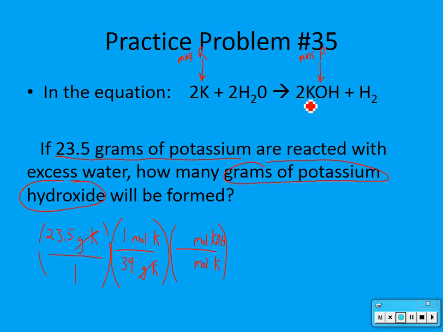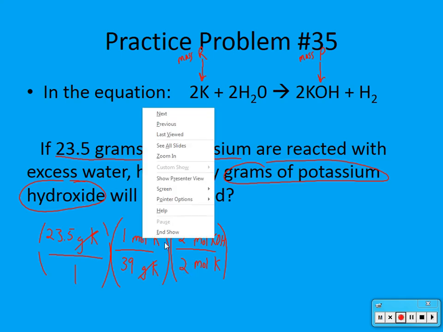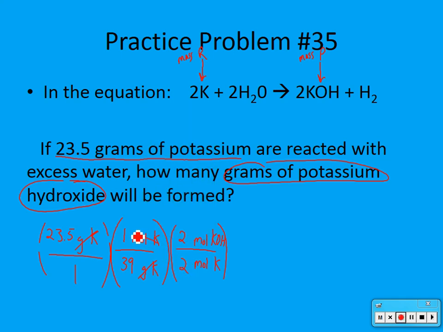We could keep it 2 to 2, and I'm going to in this case. But if you reduced that mole ratio to 1 and 1, it would be the same thing. Okay. So my moles of potassium have canceled out. And now I'm to moles of potassium hydroxide. I can't stop there though because it wants to go to grams. So I got one more conversion factor to go through.